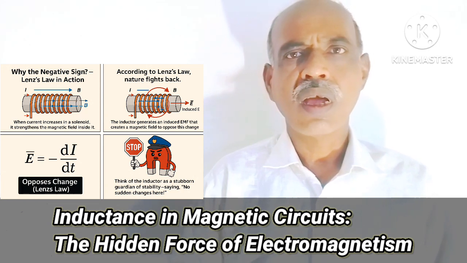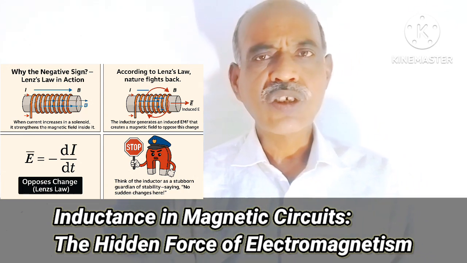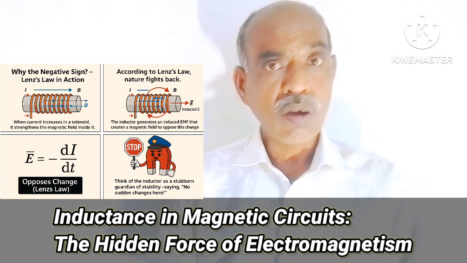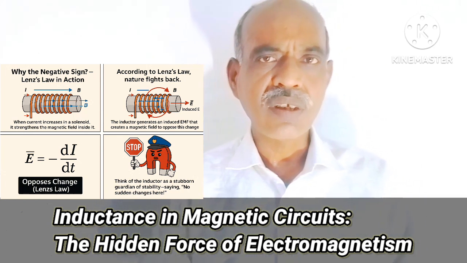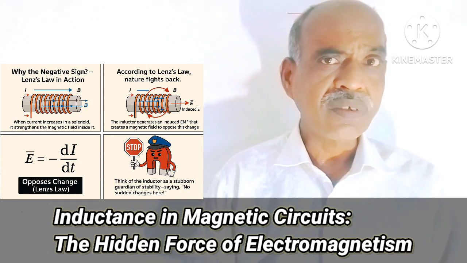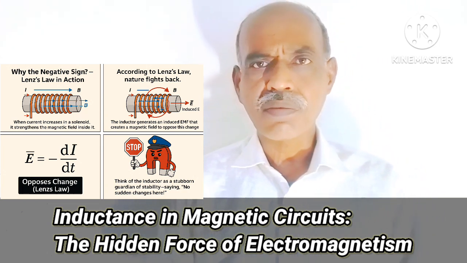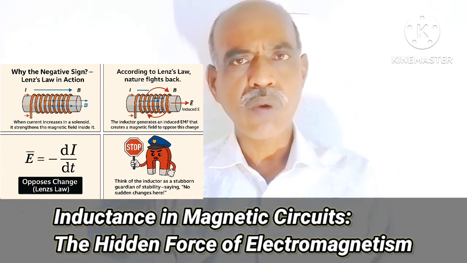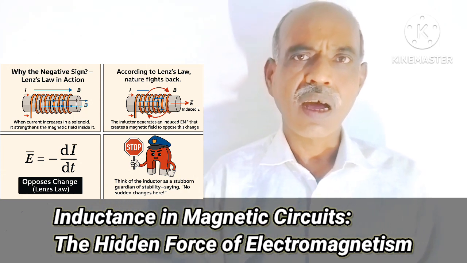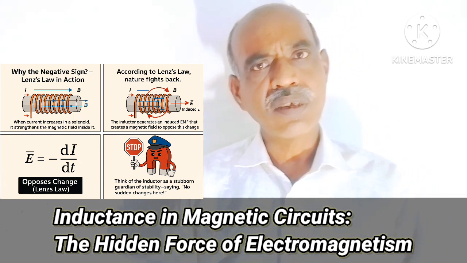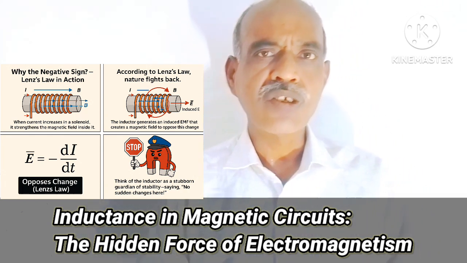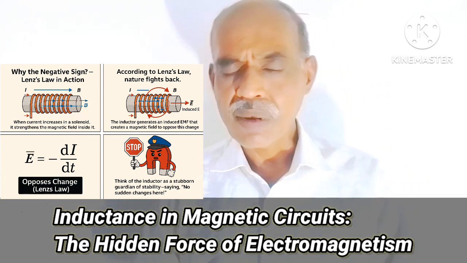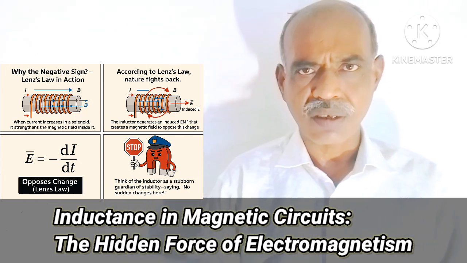What happens if there is a changing electric field? I am not talking about a constant electric field. For example, when current is flowing through a wire, a magnetic field is created around the wire. But if you change the current, such as with alternating current, which changes continuously, or even with DC current, you can change the current.